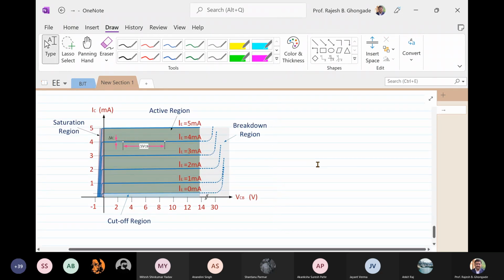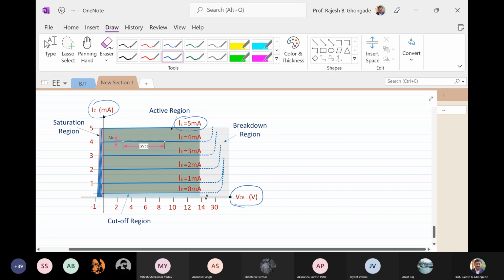Is it visible now? So what it is that you see is a plot of VCB and IC at constant values of IE.